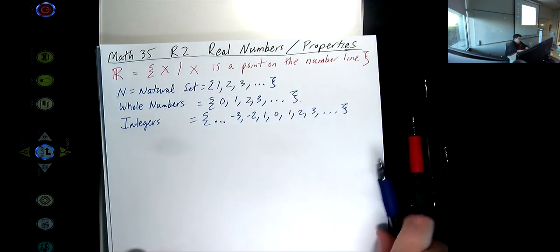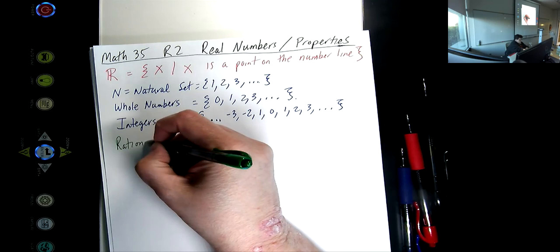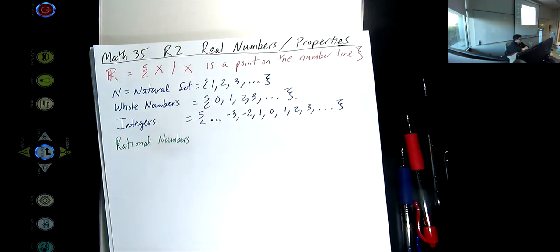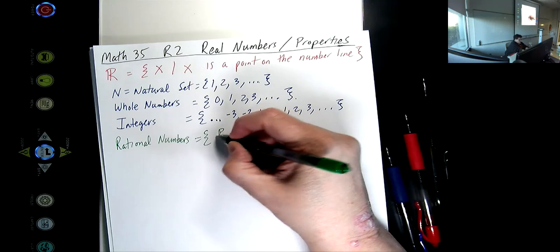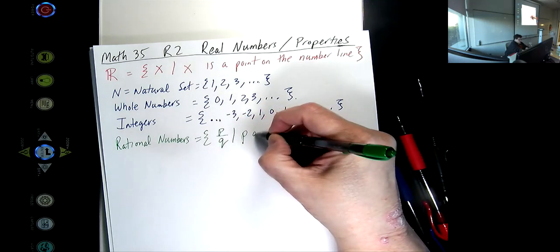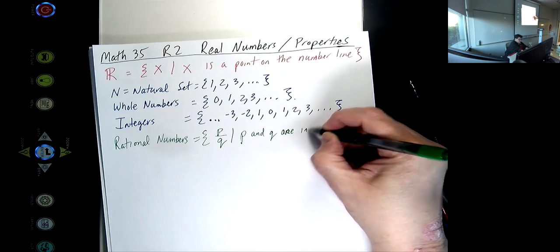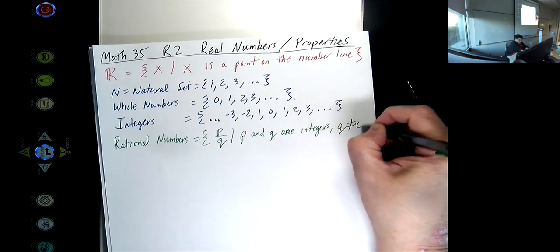Then we have the rational numbers. The official definition is P over Q such that P and Q are integers, and Q does not equal 0.